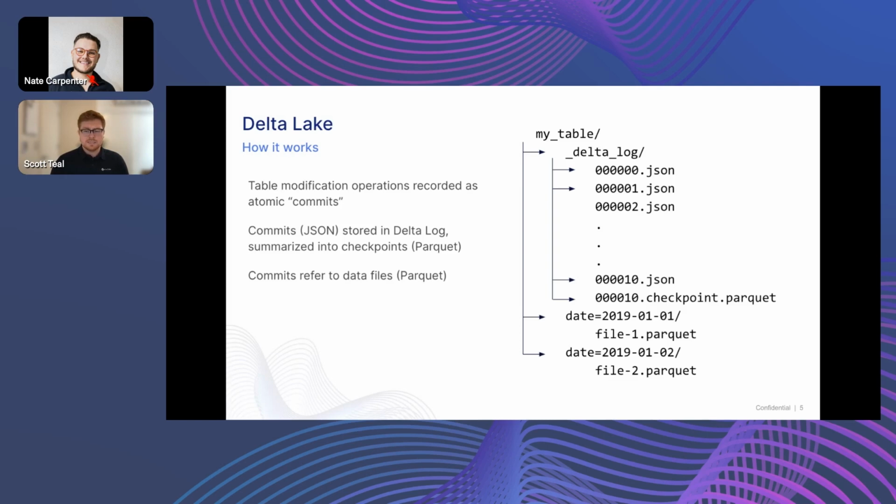After a few commits, Delta Lake summarizes this into what's called a checkpoint file in Parquet file format. All of these commits are essentially metadata describing the changes to the actual underlying data files, which are stored as Parquet. And in an architecture without a catalog like Glue or Hive Metastore, engines are relying on the folder structure to locate and address tables in order to operate on them, like reads and writes.